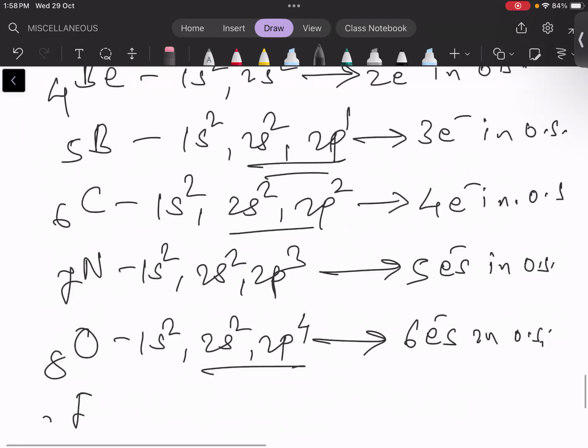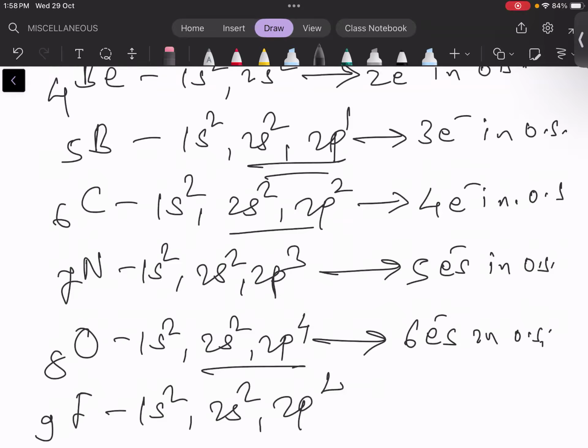Then fluorine 9, 1s2, 2s2, 2p5. So it consists of 7 electrons in outermost shell.